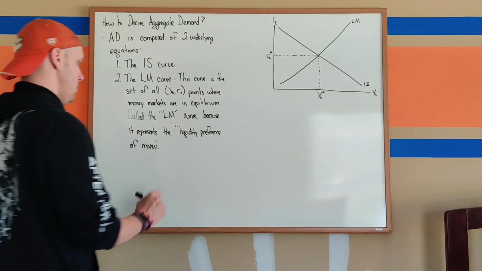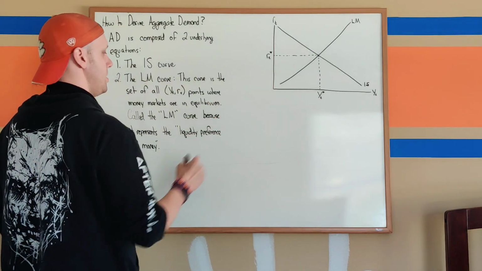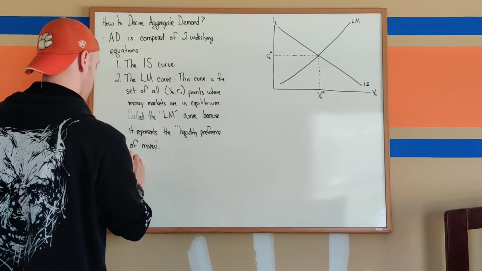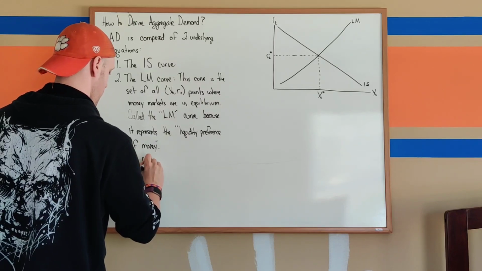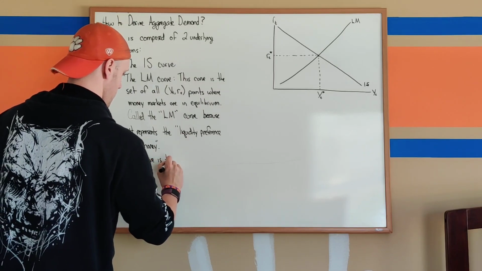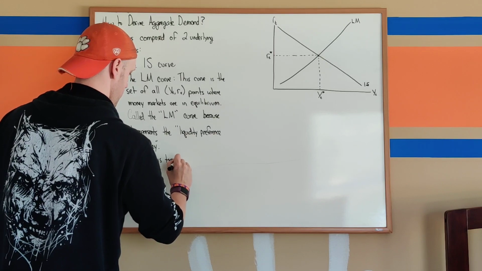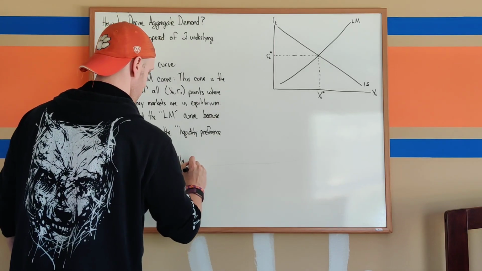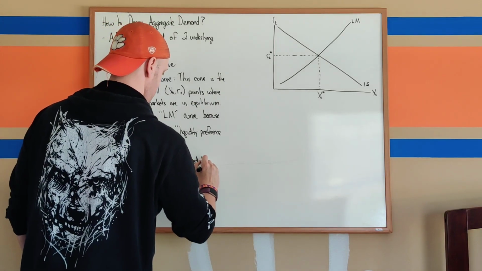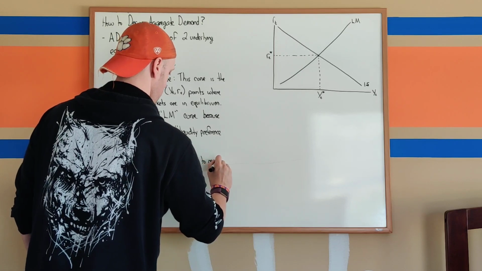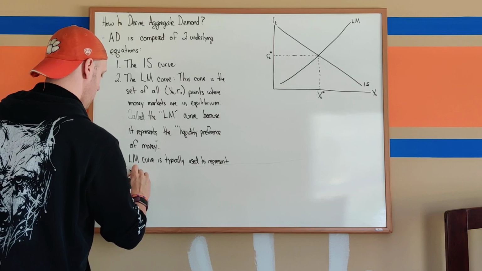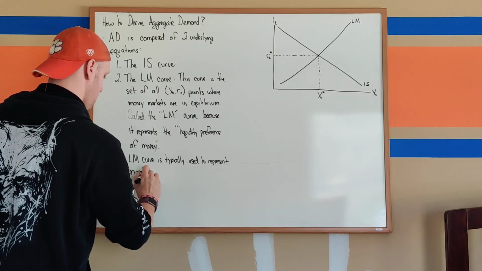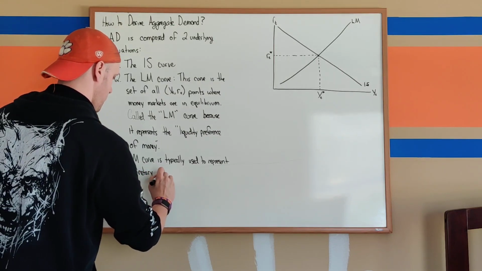So, where the IS curve was used to represent fiscal policy, the LM curve is typically used to represent monetary policy shocks.